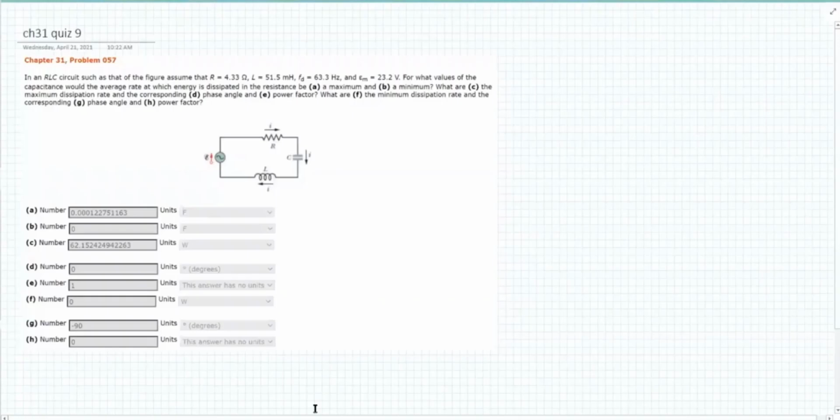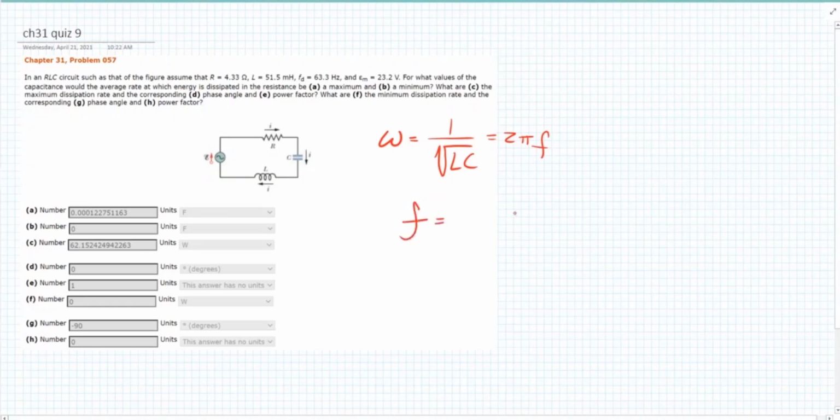So we have to go back to our workspace and remind ourselves what resonance is. Here's resonance. Omega equals 1 over the square root of LC, and that equals 2 pi F. That means F equals 1 over 2 pi square root of LC.